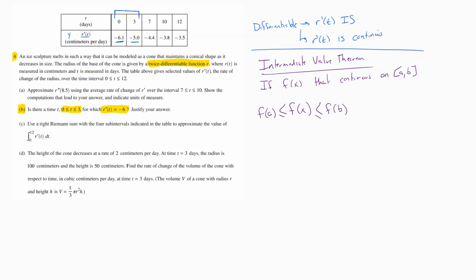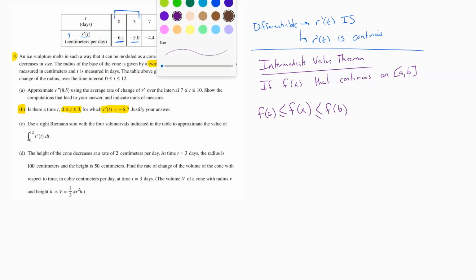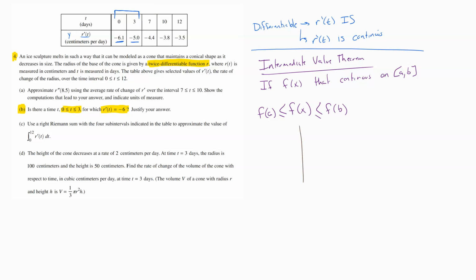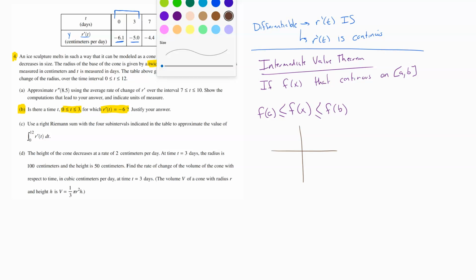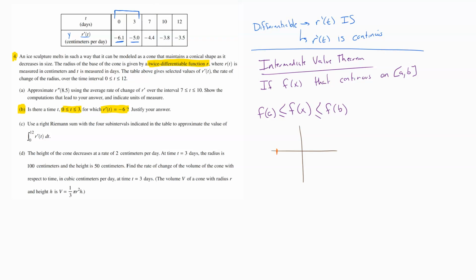Sometimes in math, what it means is so simple that you can't believe it has to be said. If I have some point at f of a, and let's say f of a is -7, then I have some other point at b, and let's say f of b is 9.